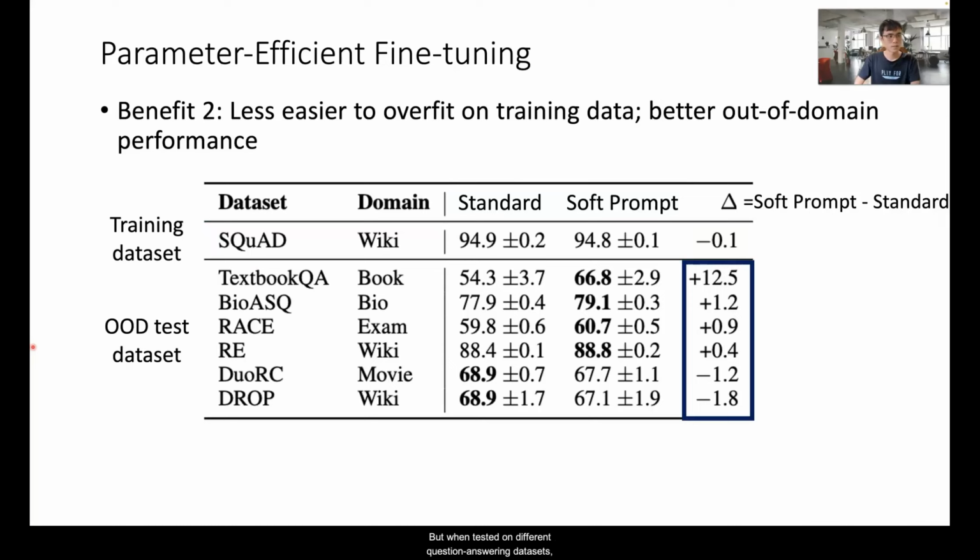But when tested on different question-answering datasets, the model fine-tuned using prompt tuning can achieve much better or comparable performance. This shows that prompt tuning can have better performance on out-of-distribution generalization.